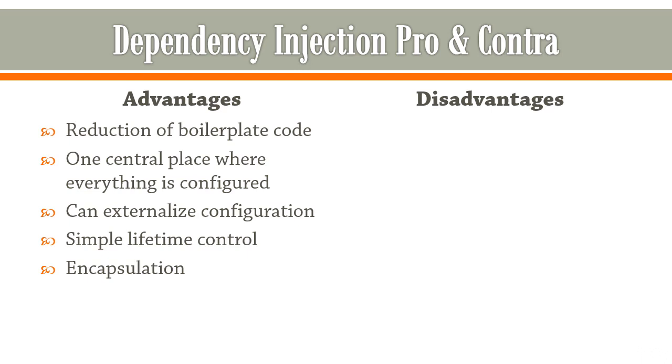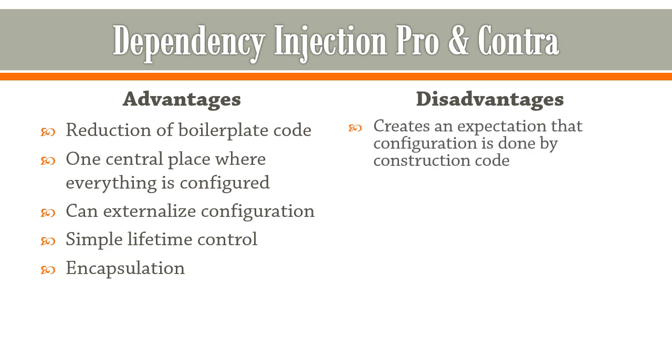Now, dependency injection does have its downside. So first of all, there is this problem that it creates a bit of an expectation that the configuration is done using the construction code. So essentially, instead of calling constructors, it's kind of implicit that you shouldn't be doing it.